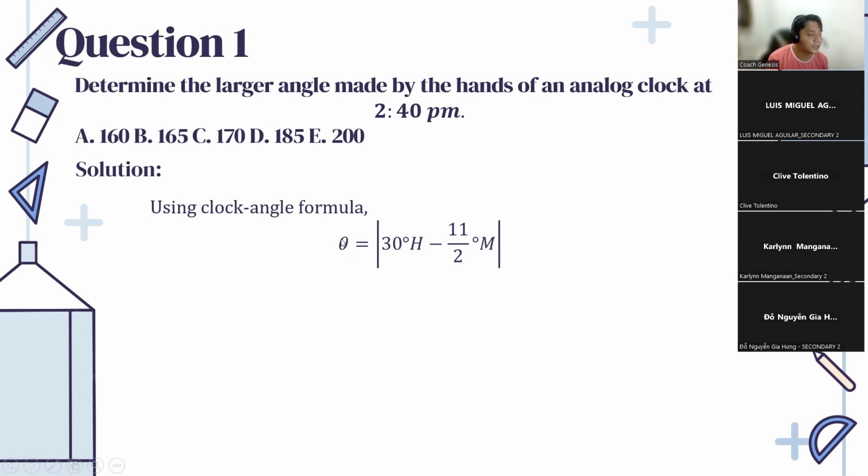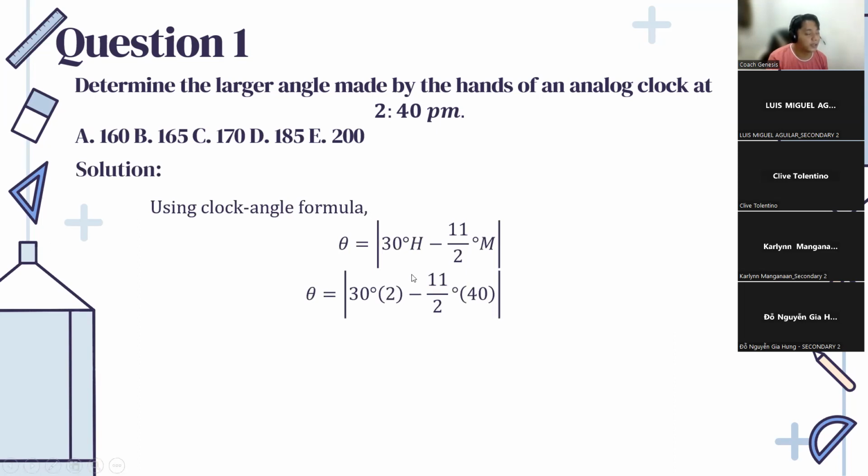The clock angle in degrees, which is theta, is equal to the absolute value of 30 degrees multiplied by h, or the number of hours, minus 11 over 2 degrees multiplied by the number of minutes. So it says here 2:40, which means h is equal to 2 and m is equal to 40.